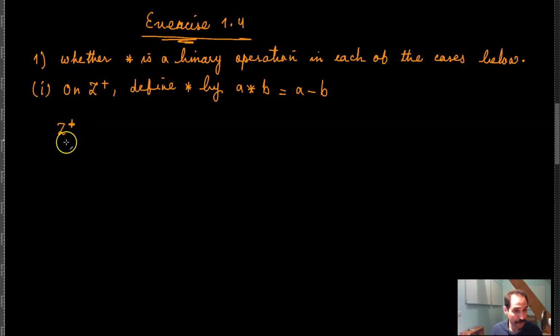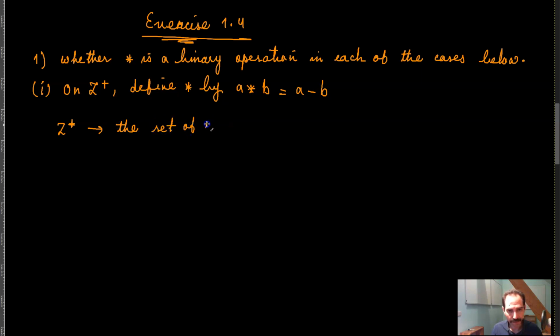So Z plus written this way, meaning not as a subscript, but plus as a superscript on the right hand side of Z, means the set of positive integers.